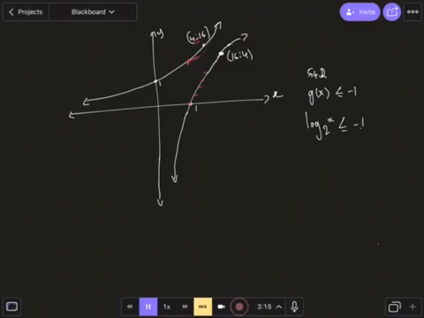So we can use the equal sign. So we're going to have log base 2 of x equals minus 1. 2 base remains the base, so it's 2 to the power of minus 1 equals x. So x is equal to 1 over 2.